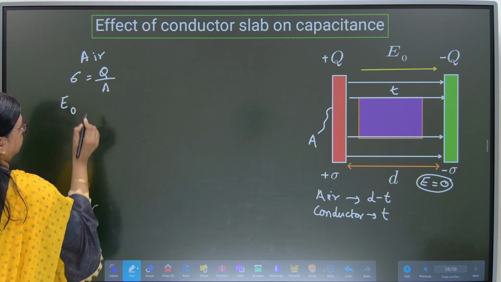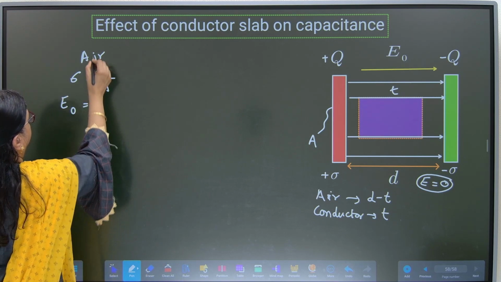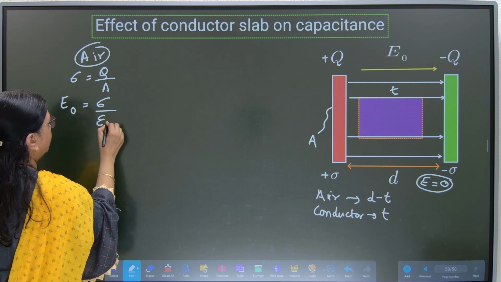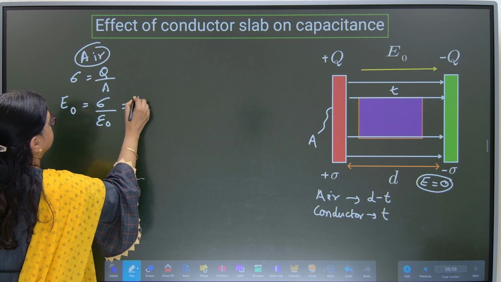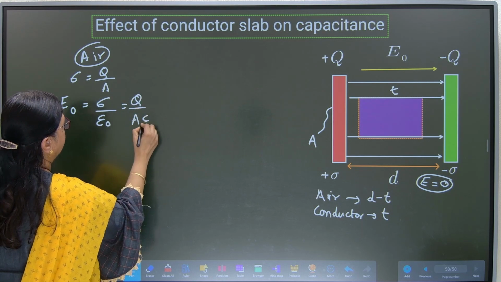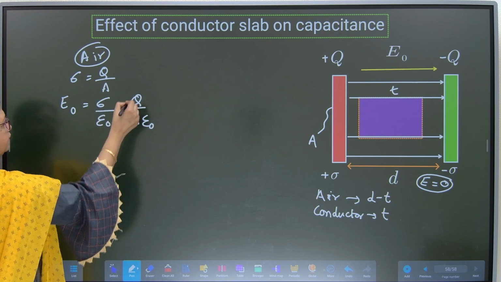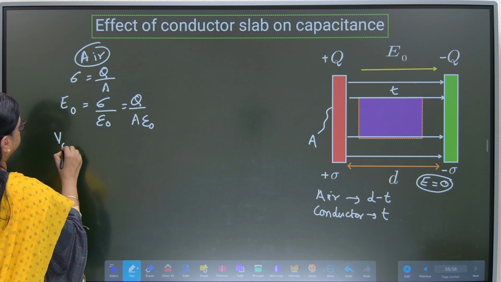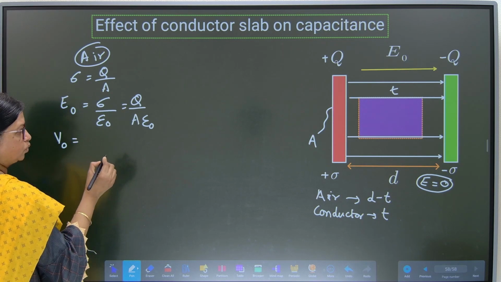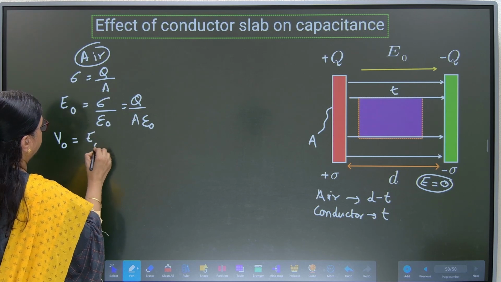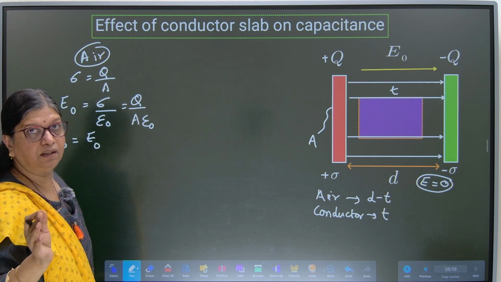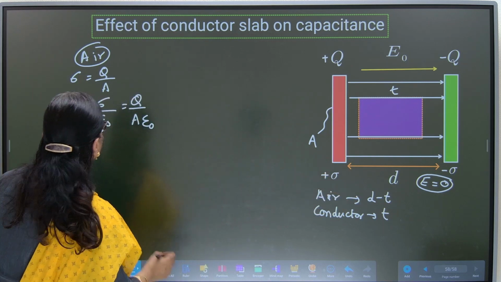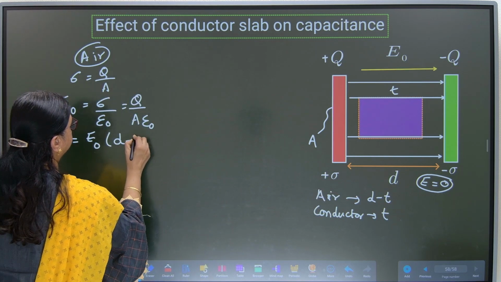E naught for air portion is equal to sigma upon epsilon naught. Sigma is equal to Q upon A epsilon naught. Instead of sigma I have substituted Q upon A. So V naught is equal to E naught into the distance. But what is the distance for air portion? D minus T. So I will write here D minus T.